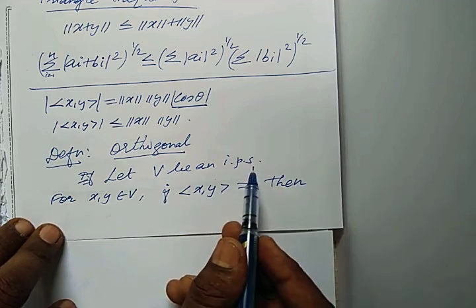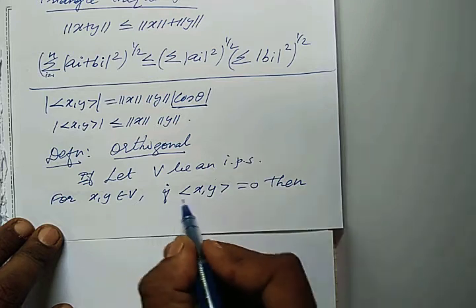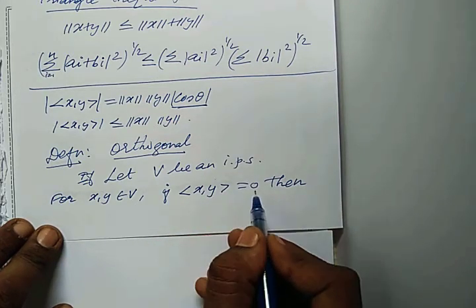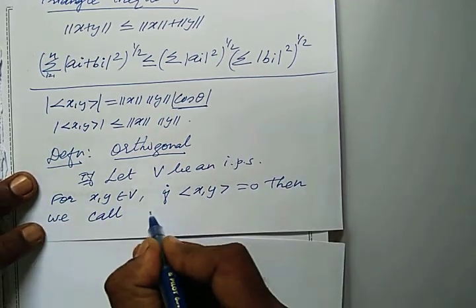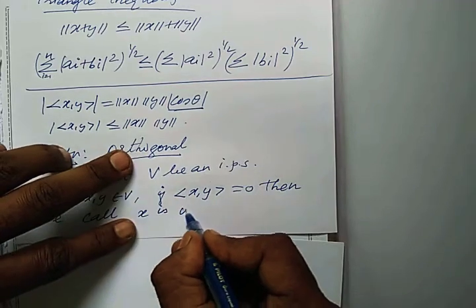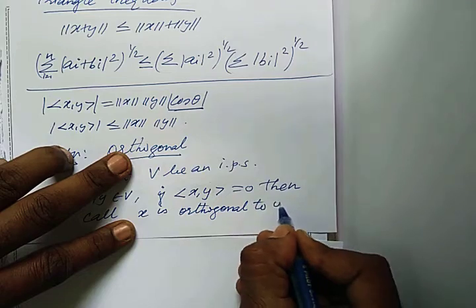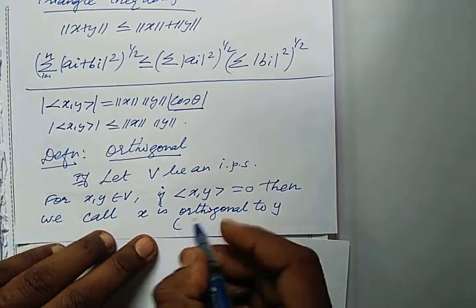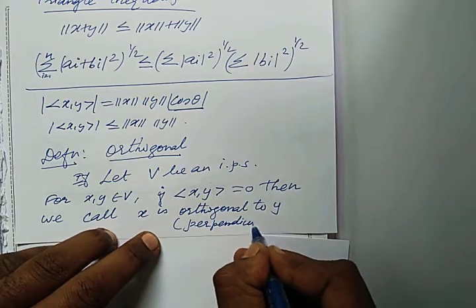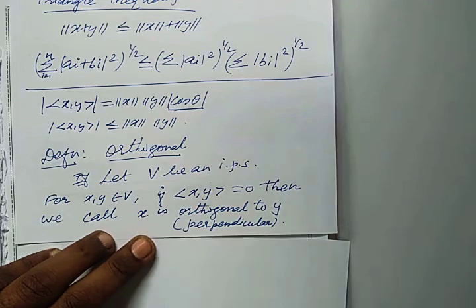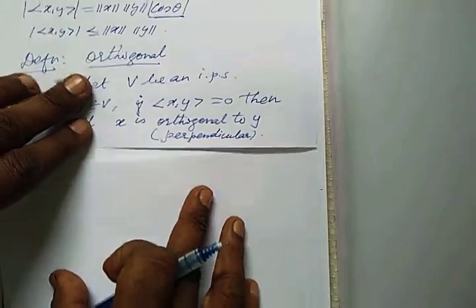Let V be an inner product space, and x comma y in V. If the inner product is 0, then we call x orthogonal to y. That is, x is perpendicular to y. If the inner product is 0, then we call those two vectors perpendicular to each other.